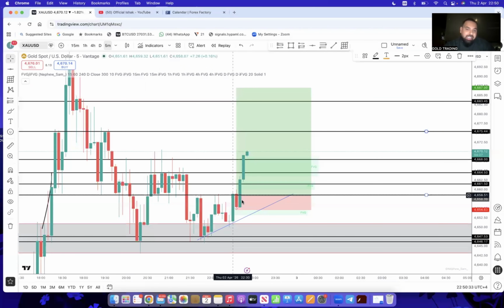Now, when you get this continuation of green candles, it's risky as hell now to jump in. You wouldn't do it, right? Only because you're going to expect a retracement, for it to come down, for then it to go up.